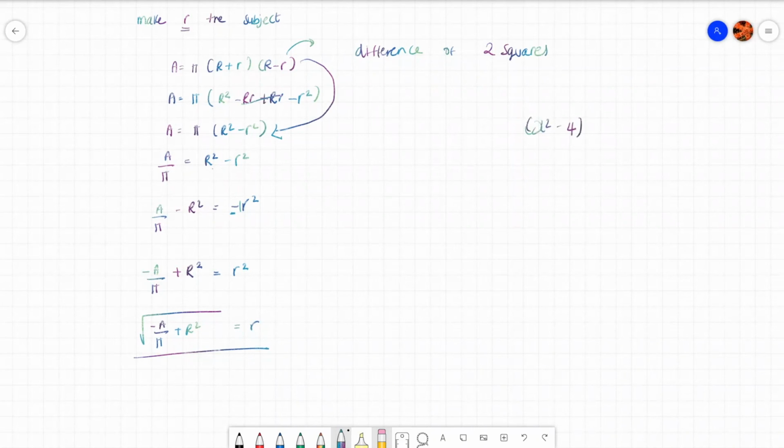That's the difference of 2 squares, isn't it? Because you would have x plus 2 and x minus 2. Okay, and so on. So it's just about spotting different things like that. This is why it's a high level question, because there's a difference of 2 squares involved there. You could multiply the brackets out, or if you can identify that it's difference of 2 squares, you could miss the multiplying bracket step out.